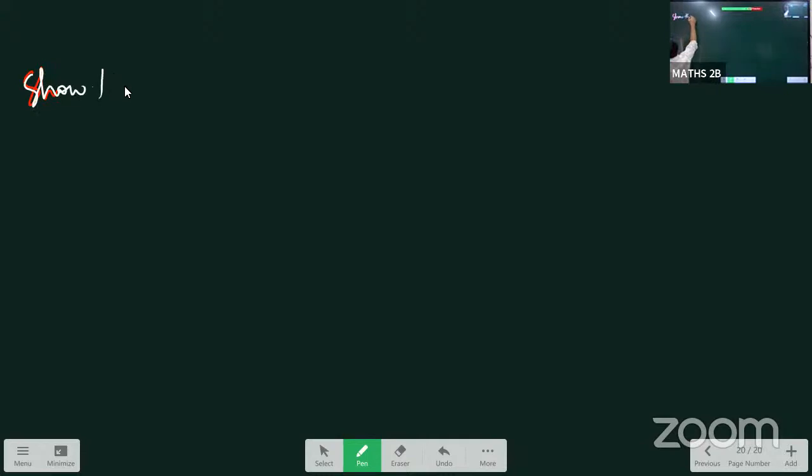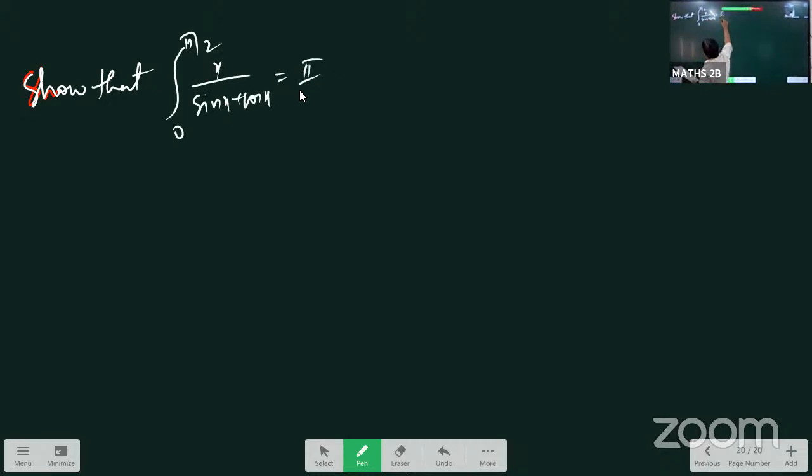Show that the integration from 0 to pi by 2 of x by sin x plus cos x is equal to pi by 2 root 2 log of root 2 plus 1. We have to show this. Is it clear?